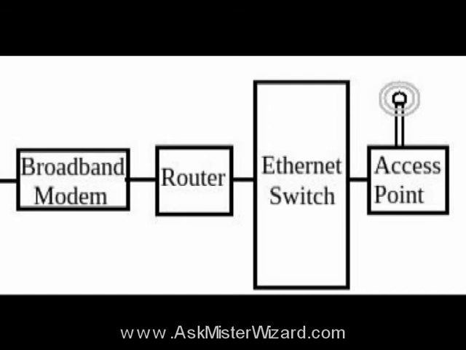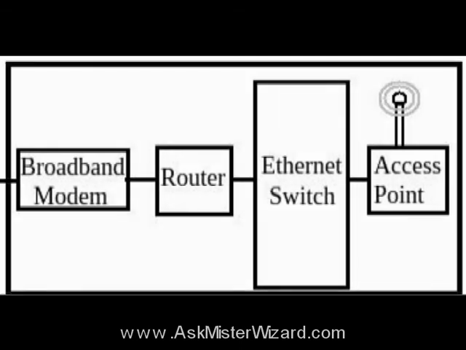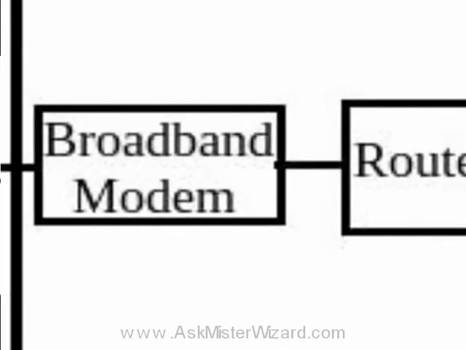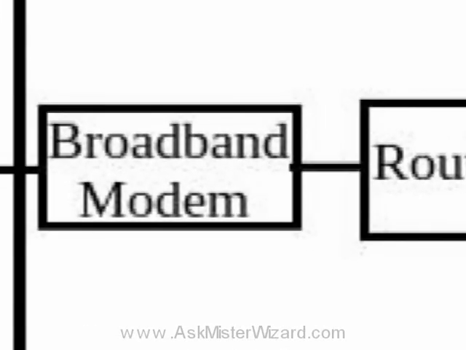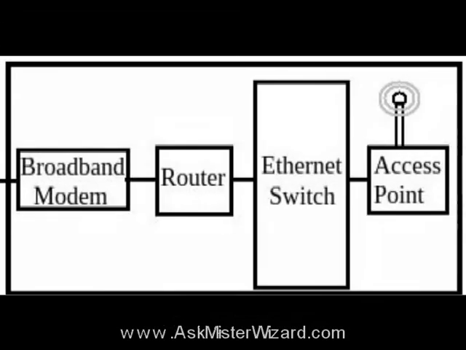Modem, router, Ethernet switch, and wireless access point. If you pay a premium to your internet service provider, you can get this all-inclusive combination. The modem logic will be compatible with the particular broadband technology supported by your ISP, whether that's DSL or coaxial cable.